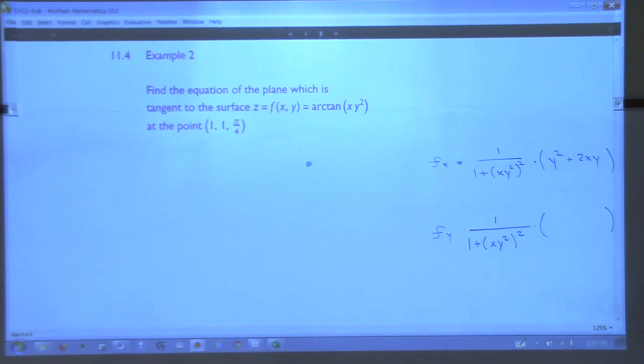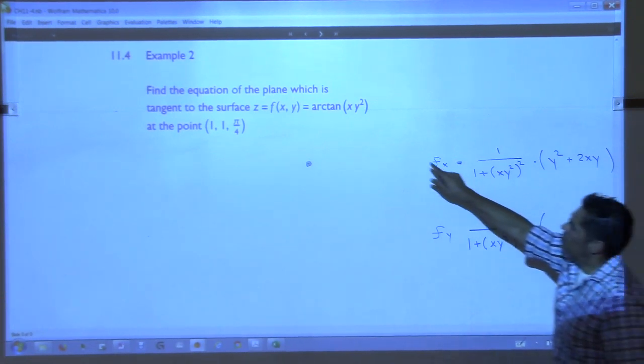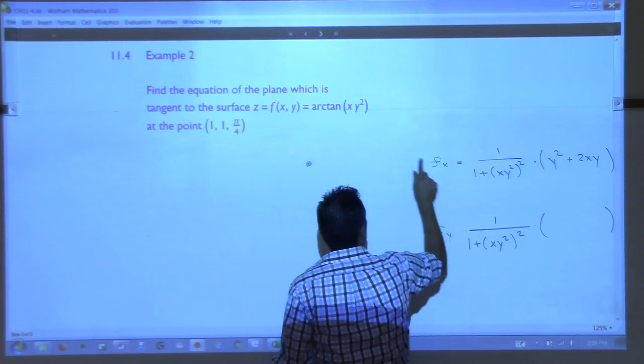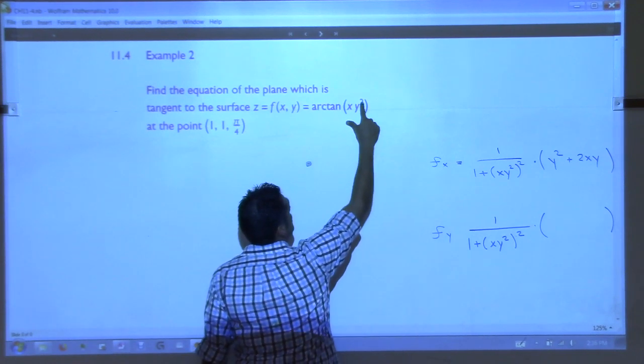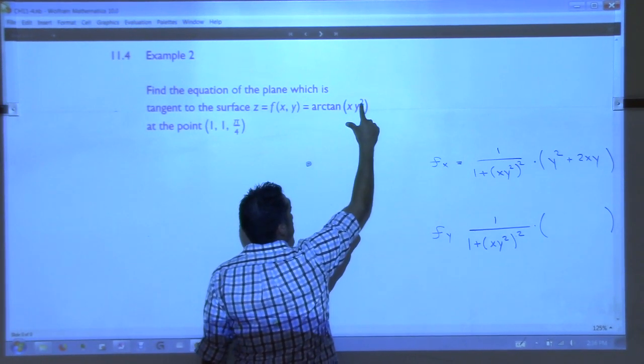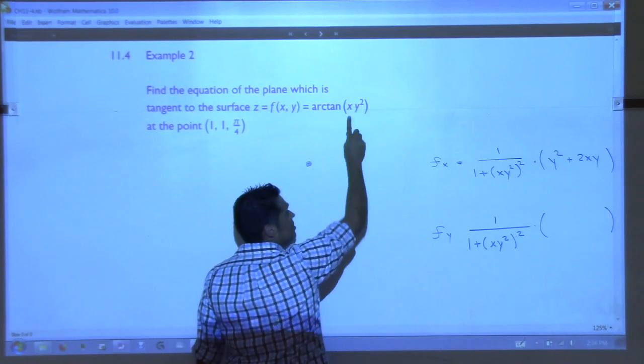Shouldn't it be just y squared? Yeah, so this part right here, again, I think you're doing too much. We are doing the derivative with respect to x, right? Which means we're treating y like a constant. So the derivative of a constant times x is just the constant.